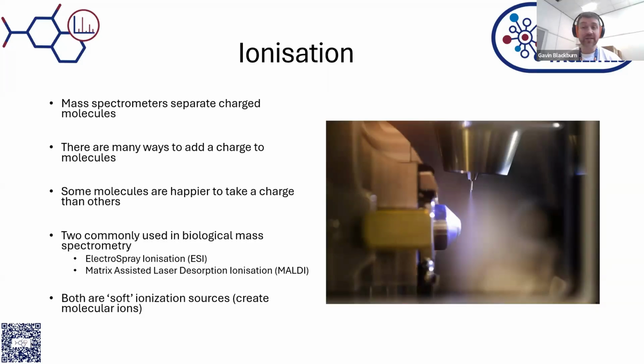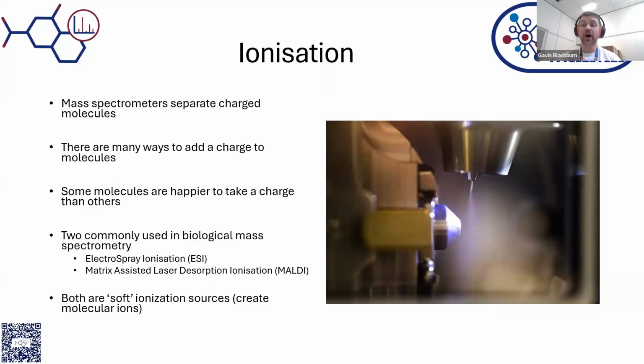So when we ionize things, we have a choice. We can either try and take that molecule and essentially put a little charge on it, or take something off to leave a charge behind. So what we get is the molecule plus a small thing that carries a positive charge, or you take off a small thing and leave a negative charge behind. But what the mass spectrometer sees is that molecule.